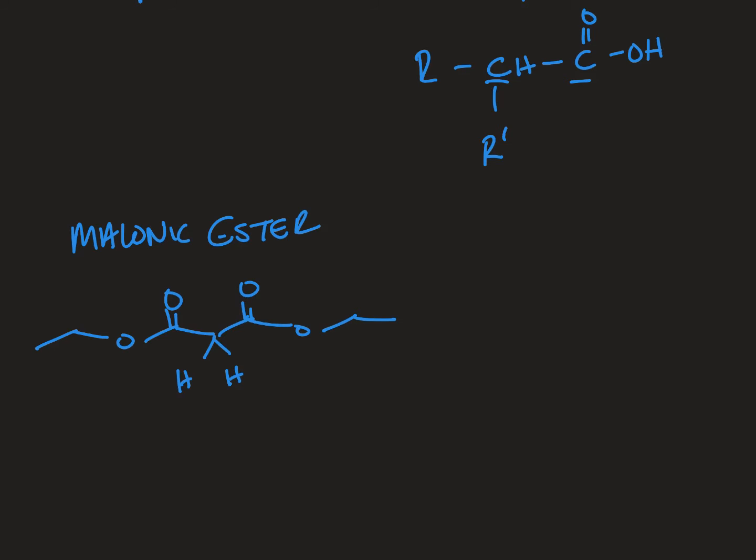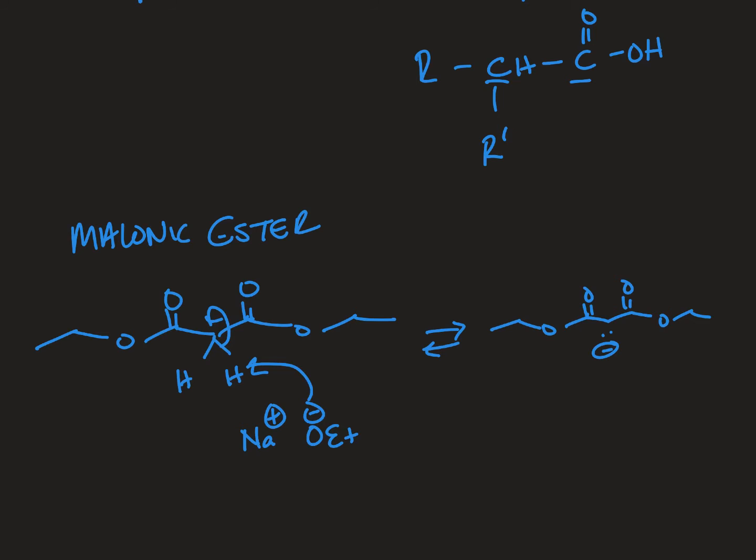So we're going to be deprotonating and doing the alkylation of an enolate. To do that deprotonation, we're going to be using sodium ethoxide. So that ethoxide will come in and deprotonate to form the enolate ion. Again, because we have the dual carbonyl, we don't need as strong of a base for that to happen.